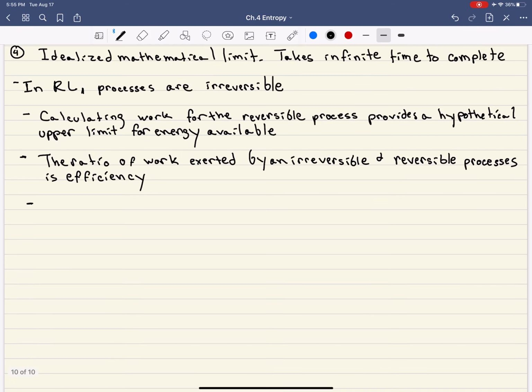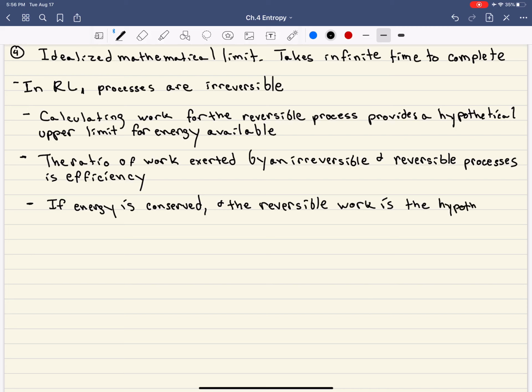And so if we think about the first law of thermodynamics again, if energy is conserved, the reversible work is essentially the maximum amount, or the hypothetical amount, of energy that's available to be transferred from your system. So it is the hypothetical max energy available.